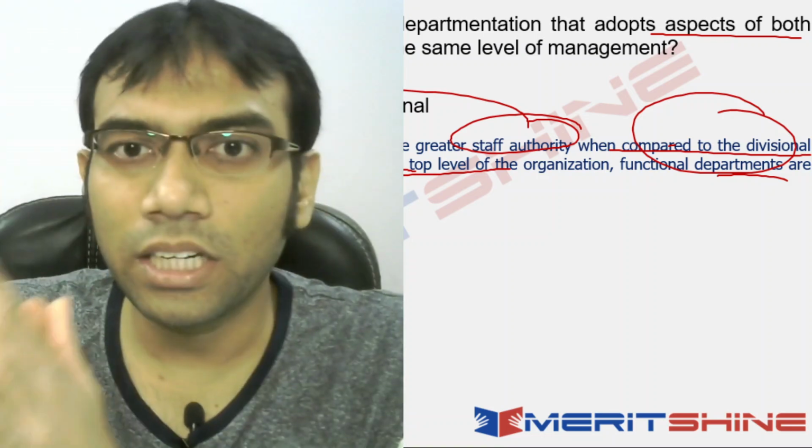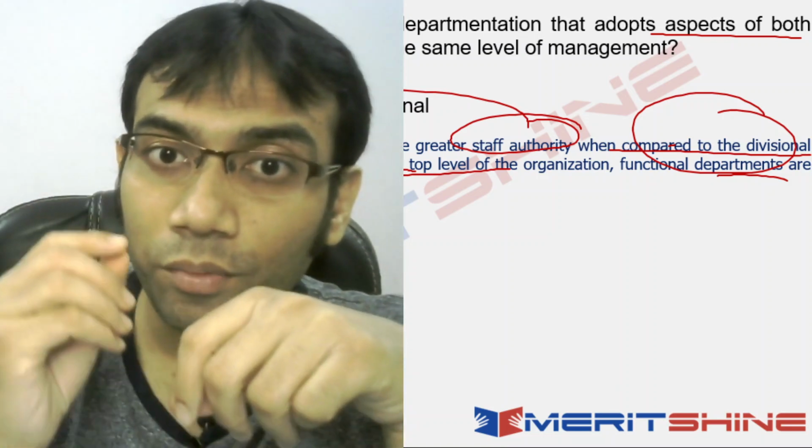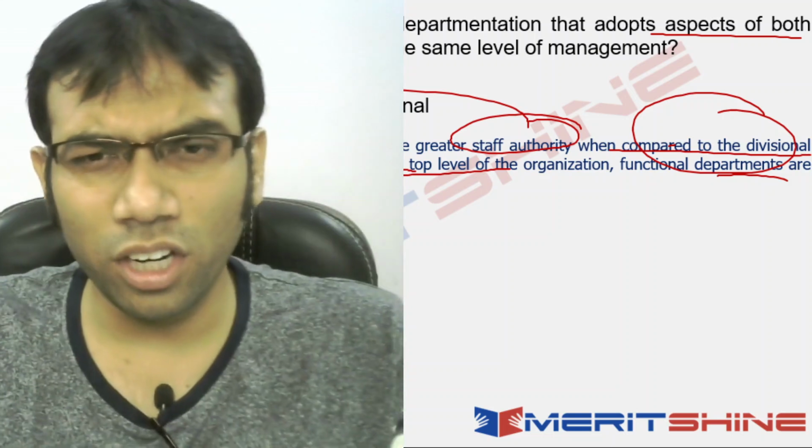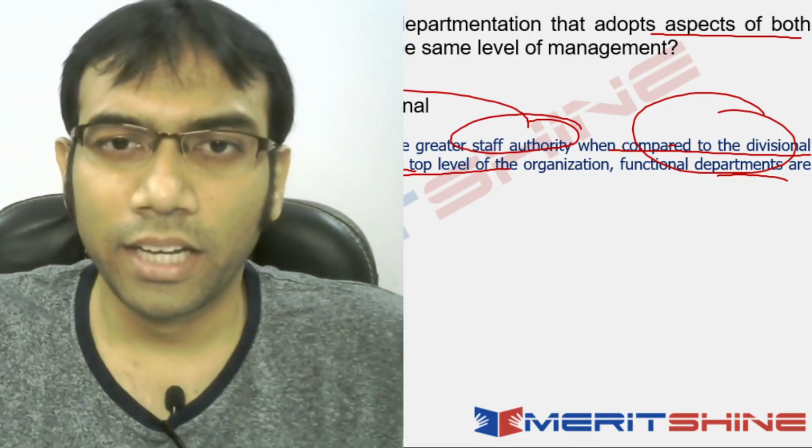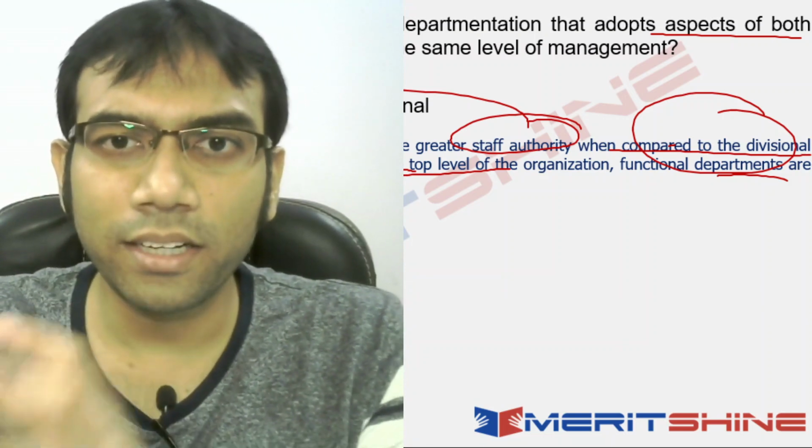So matrix structure, if it works well, is for large organizations. For small organizations it does not matter. For one plant it does not matter. If you are doing it, you are wasting your time and money and resources.